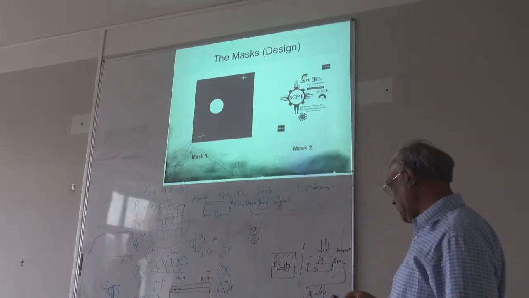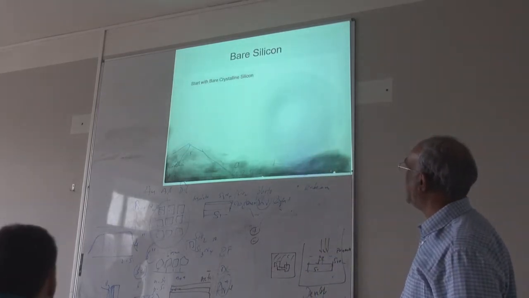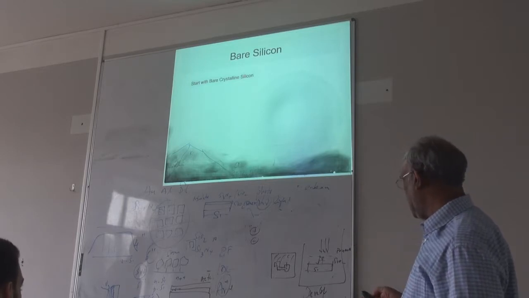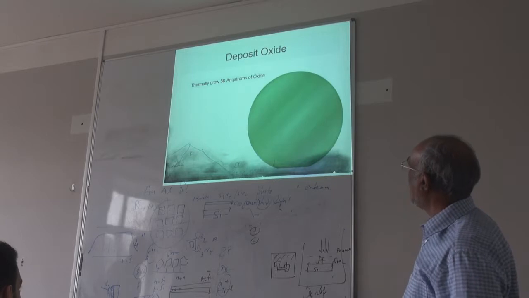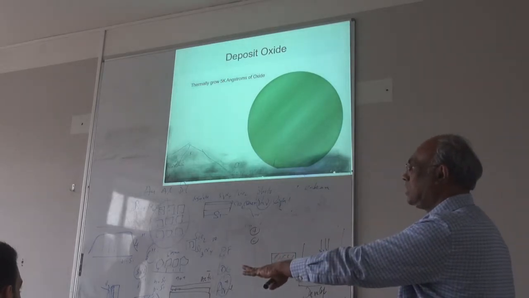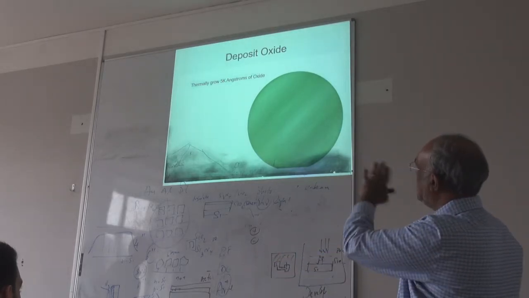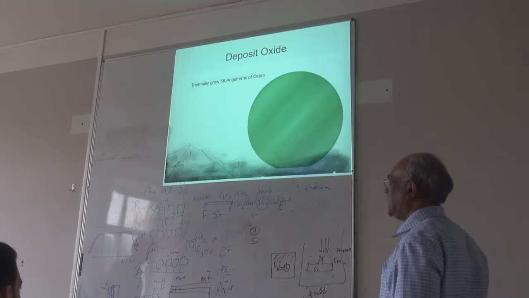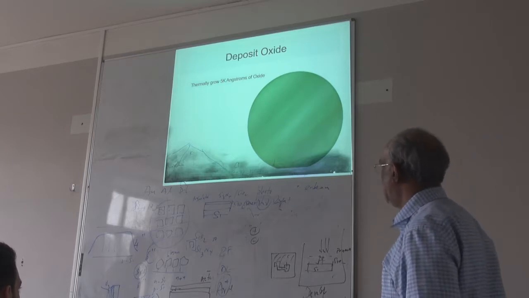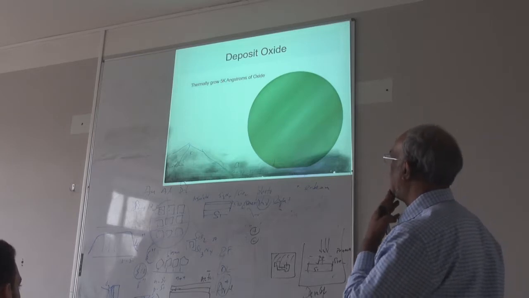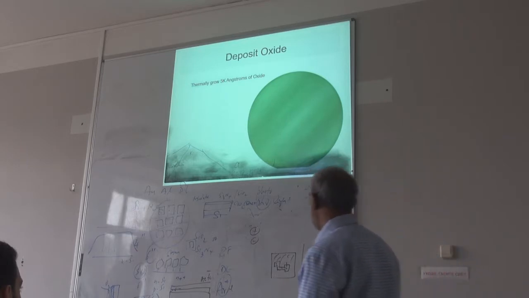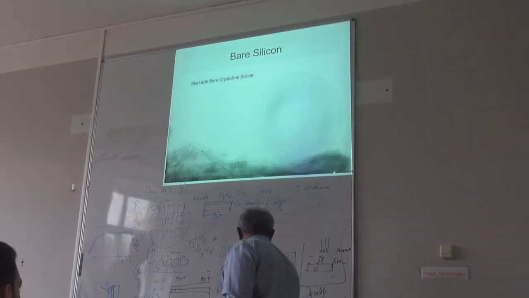First thing you do, let's do it step by step. You take your bare silicon here. Then you grow silicon dioxide. This is only about 5,000 angstrom, that's 500 nanometer, half of 1 micrometer. So now I have silicon, and then I grew SiO2.